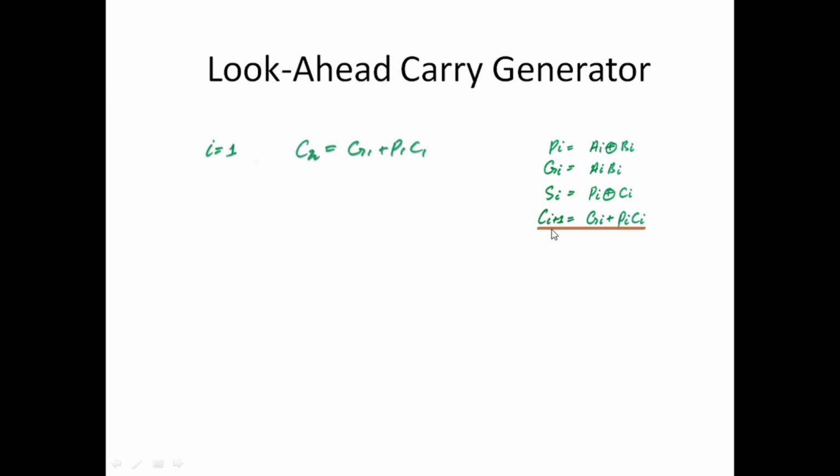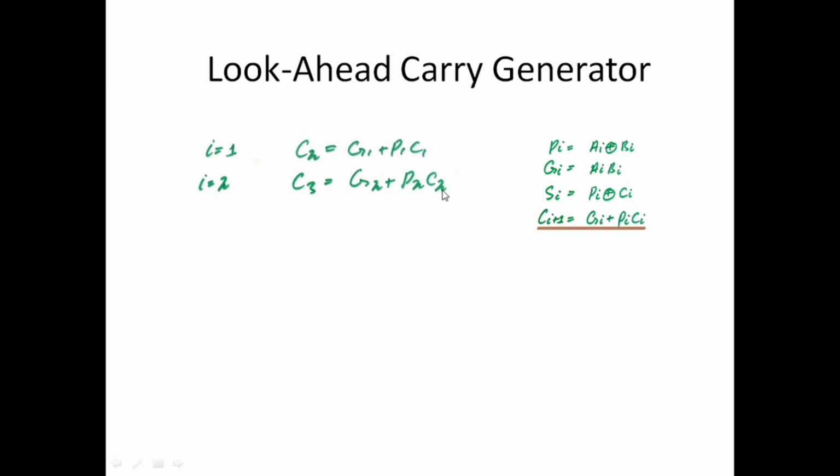When I is 1, we get C2 equals G1 plus P1 C1. This is simple. So we get C2 in terms of G1, P1 and C1. C1 is the initial carry, which is always 0. Similarly, if we put I equal to 2 in this equation, we get C3 equals G2 plus P2 C2.